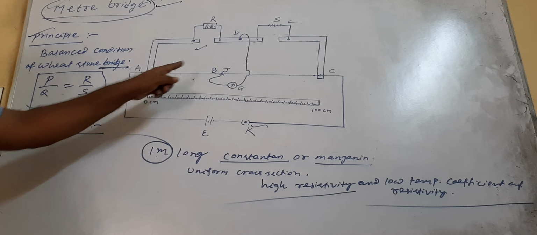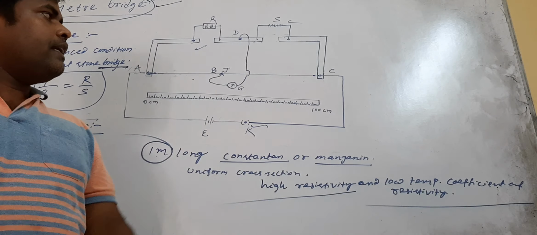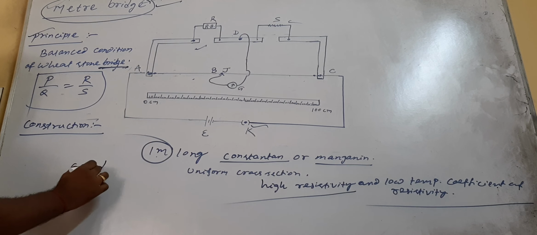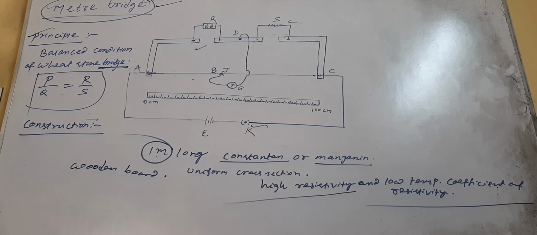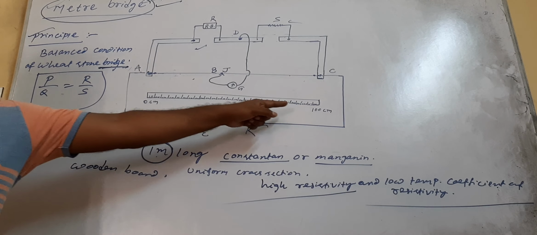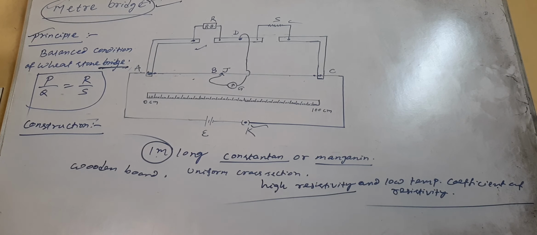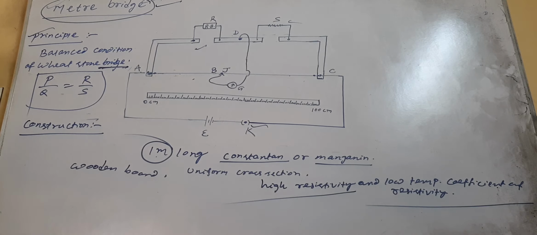And this 1 meter long wire is fitted on a wooden board parallel to a meter scale. You see, it is a meter scale. It is 0 centimeter. It is 100 centimeter. That means the wire length is 1 meter.